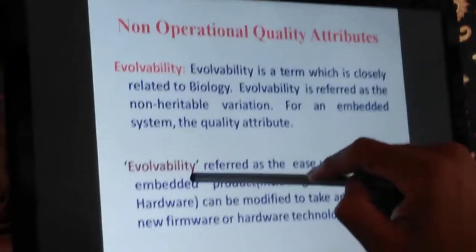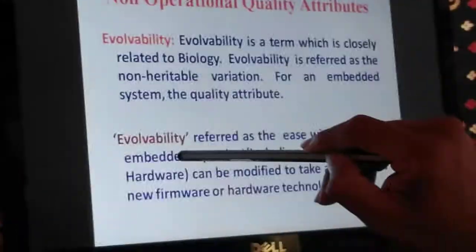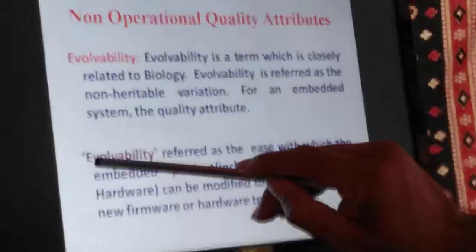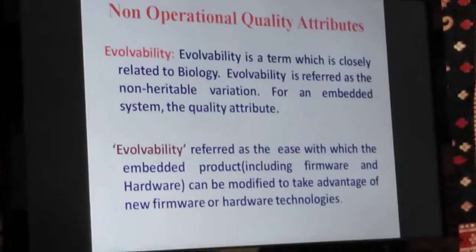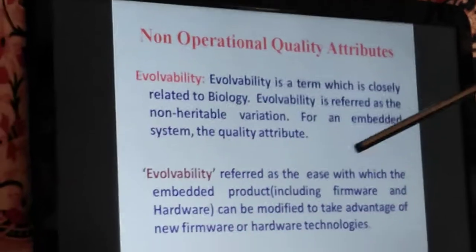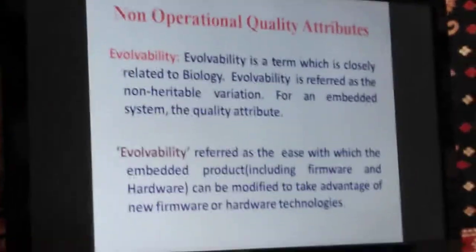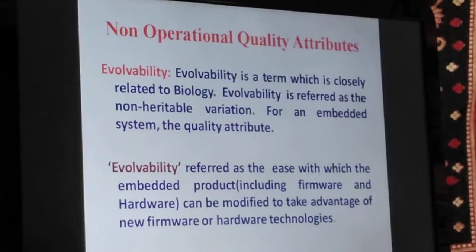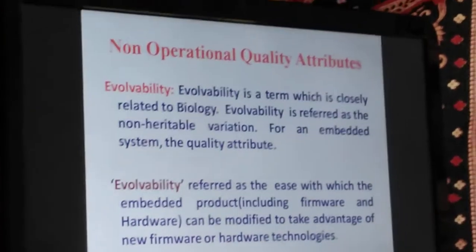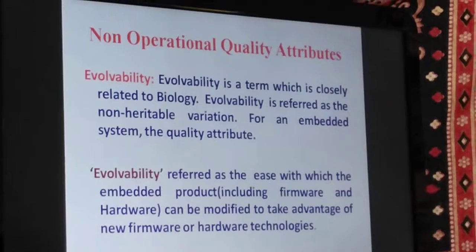If my system has the evolvability property, then in the coming years my system will still exist, but at the same time it is running maybe on a new processor and in a new environment.